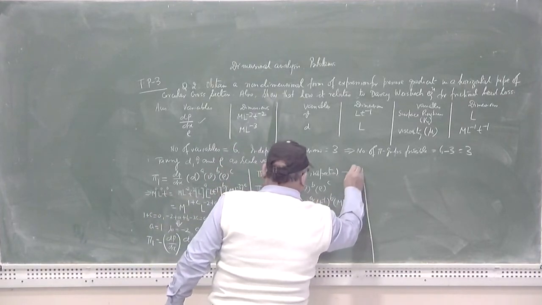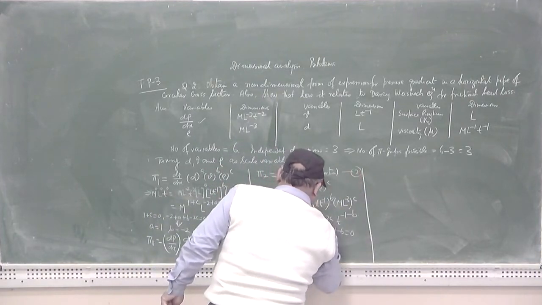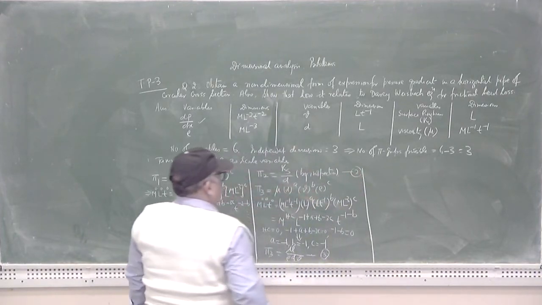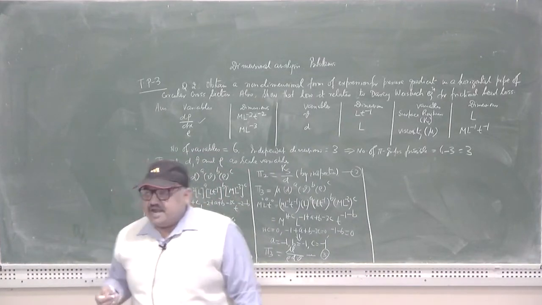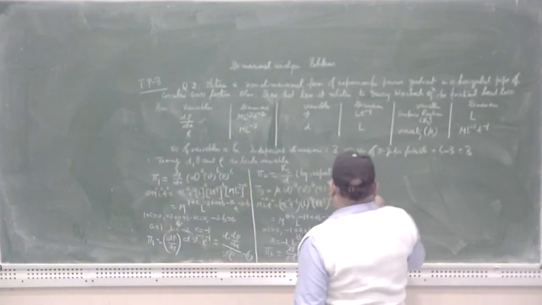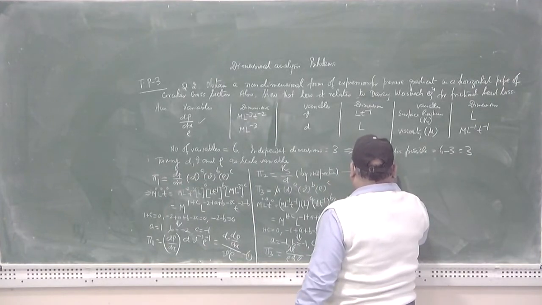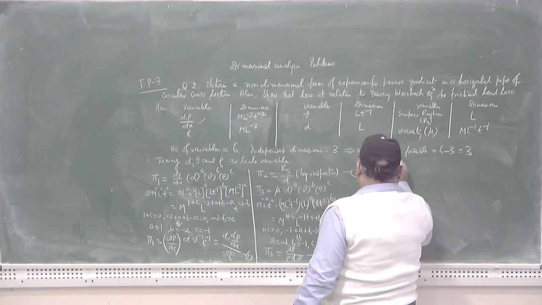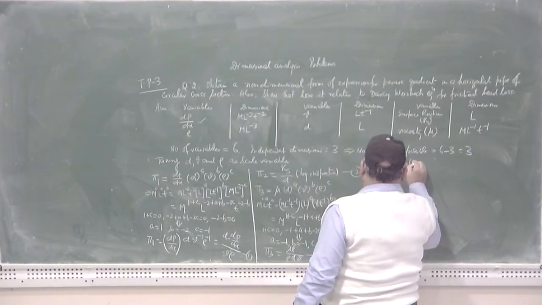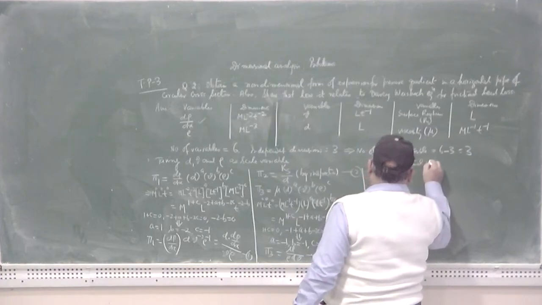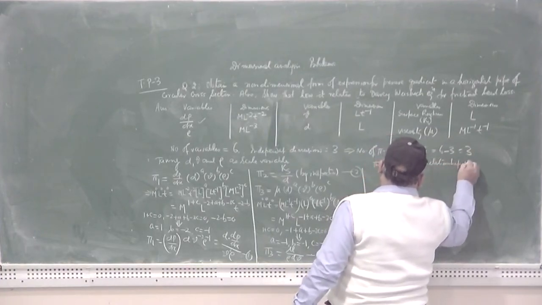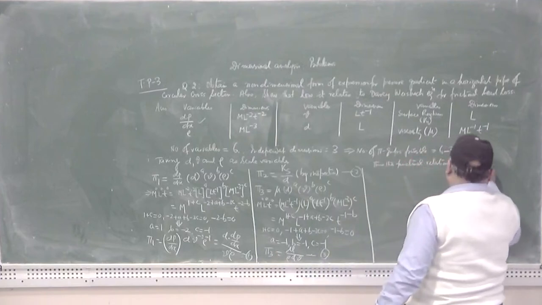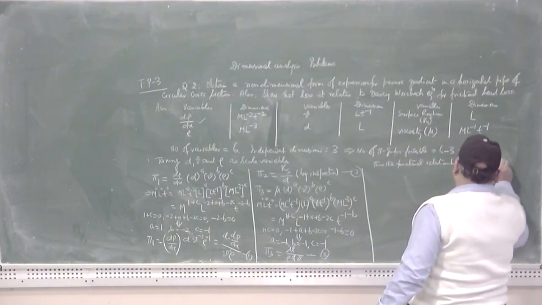Let it be question number 2, let it be question number 3. Thus, the functional relationship which can be assigned here is pi 1 is a function of pi 2 and pi 3.